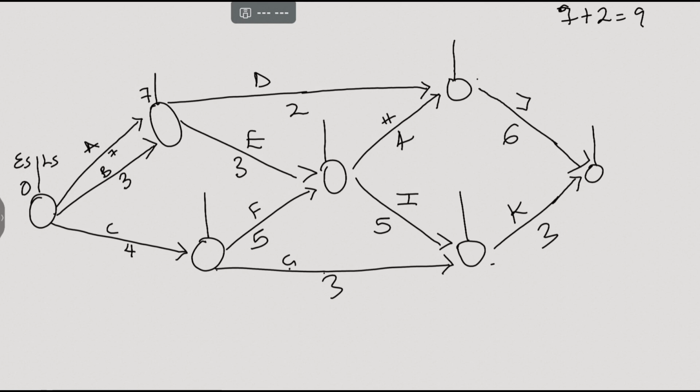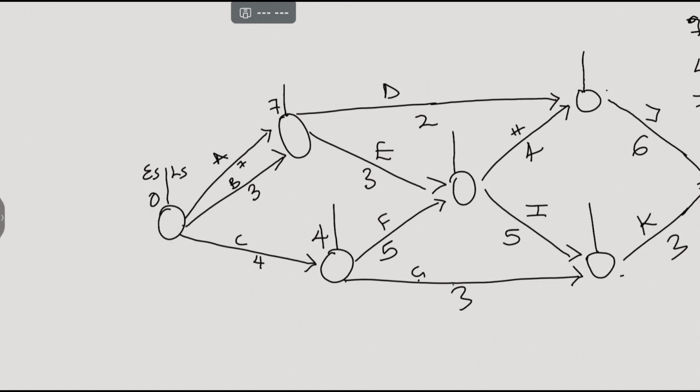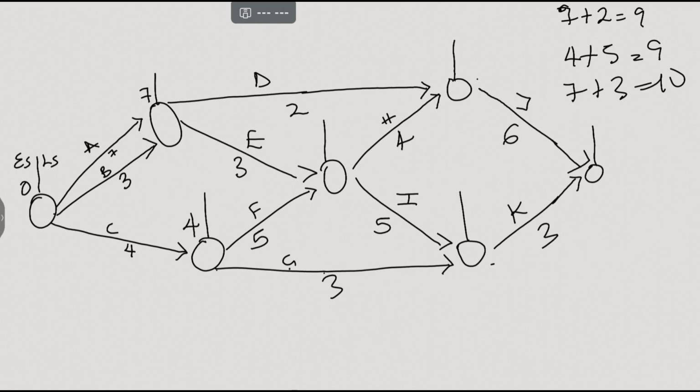So 0 plus 4 is 4. We have 4 plus 5, which is 9. 7 plus 3 is 10. So we can either have 4 plus 5 and 7 plus 3. So we're picking the highest, which is 10.